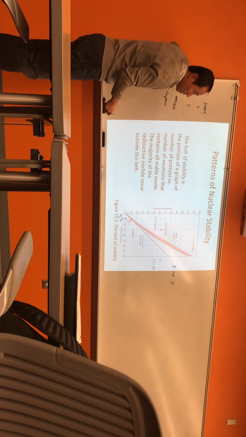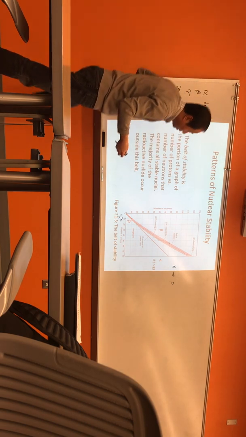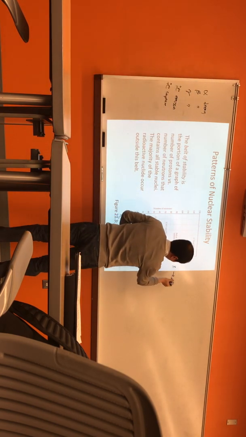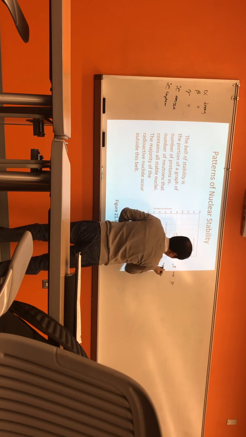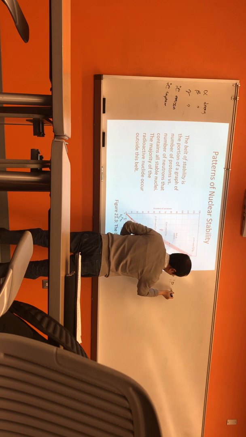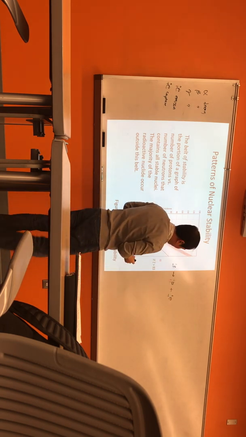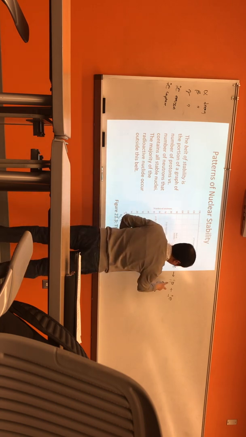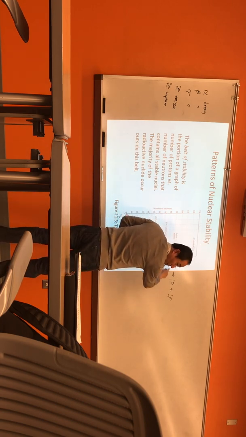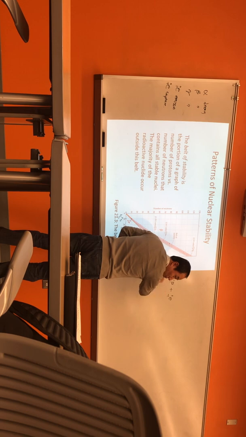Beta decay emits an electron, right? So neutron is 0, 1, proton is 1, 1, and the electron is negative 1, 0. So you see that beta decay makes this reaction possible.